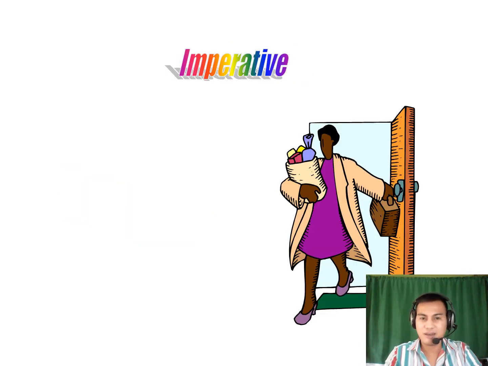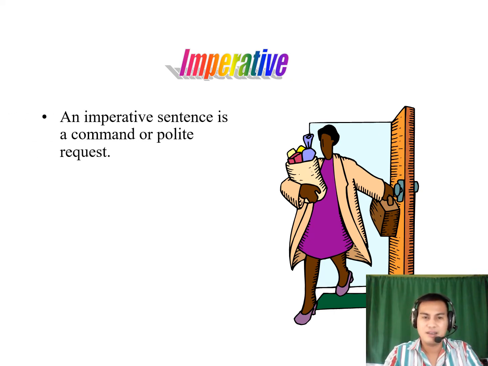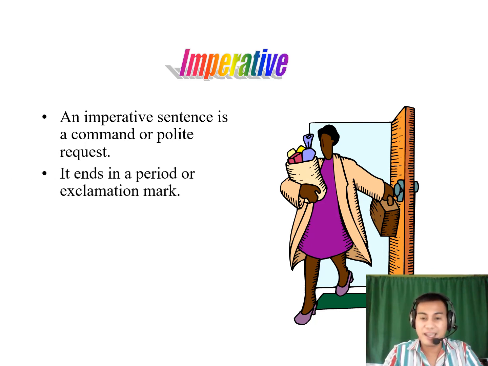We have then, of course, the imperative. What does an imperative sentence do? Why do we use an imperative sentence? An imperative sentence is a command or a polite request. It tells you to do something. It gives an order, a command, or a request. It ends in a period or it can also end in an exclamation mark.